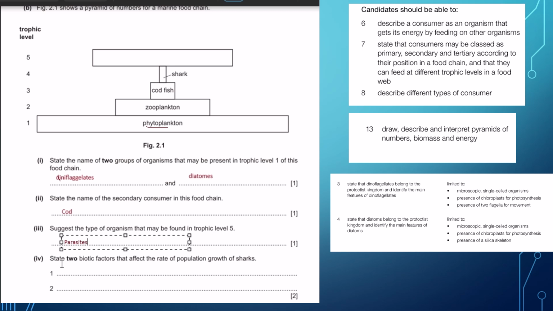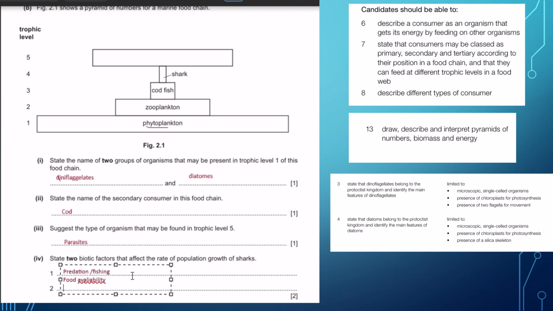And then you should state 2 biotic factors that affect the rate of population growth of sharks. Well, negatively would be predation or fishing by humans, and more positive would be food availability, because if there's a lot of cod, there will be more food for the shark.